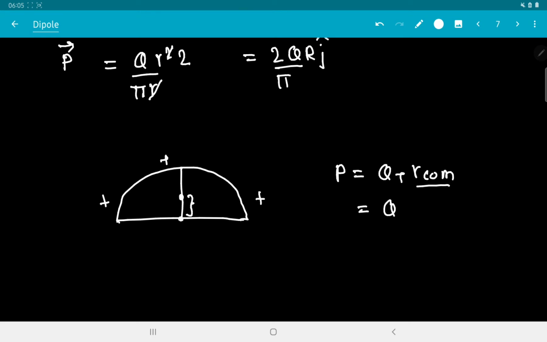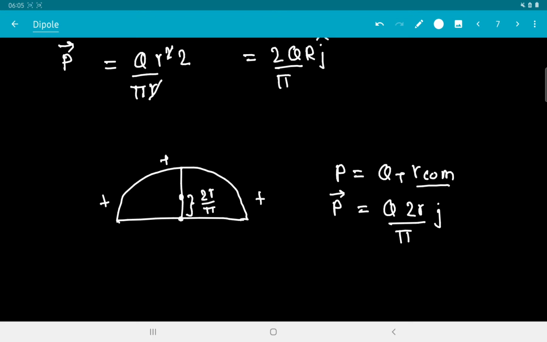It will be 2r by pi. It will shift by 2r by pi. So we will directly get the dipole moment if we know the position of center of mass.